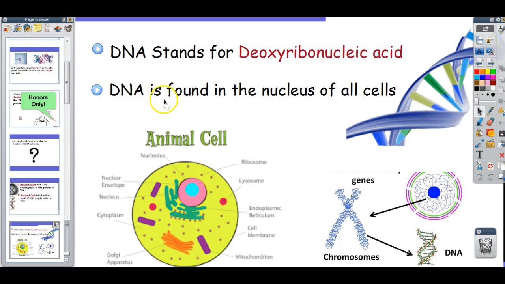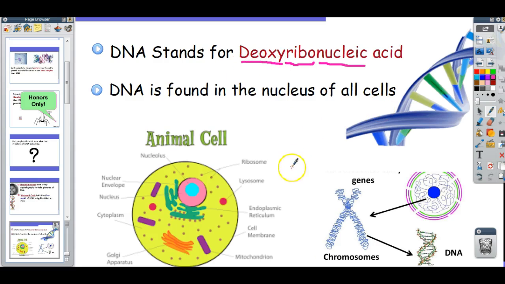So you should have written down already that DNA stands for deoxyribonucleic acid. If you don't, you need to write that down right now. We talked about how there's different parts of words in here. We said the goal of DNA is to have the instructions on how to make proteins. So we have the word ribo here, which stands for ribosome, nucleic, which stands for nucleus, and then deoxy.